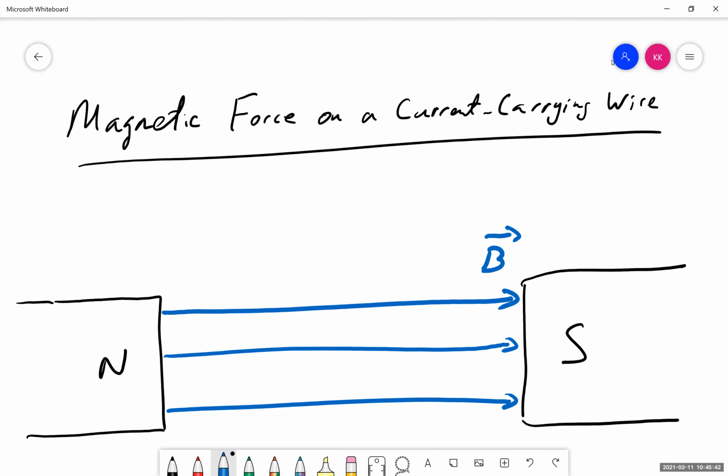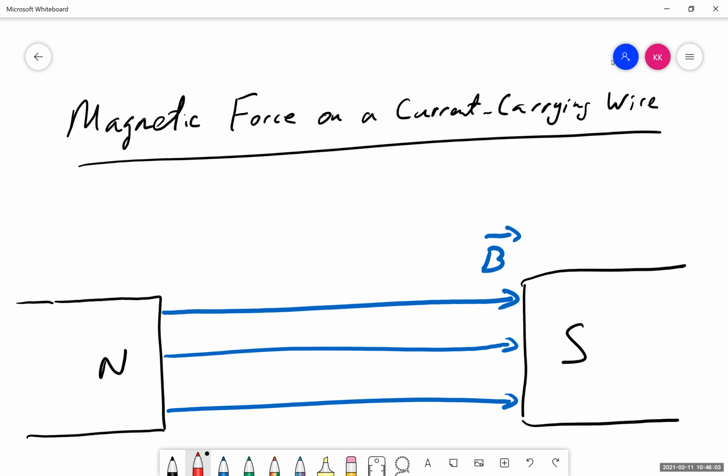All right, so then this magnetic field, kind of similar to the electric field, will exert a force on a charge. But it's not quite the same, conditions apply to the magnetic force as it did for the electric force.